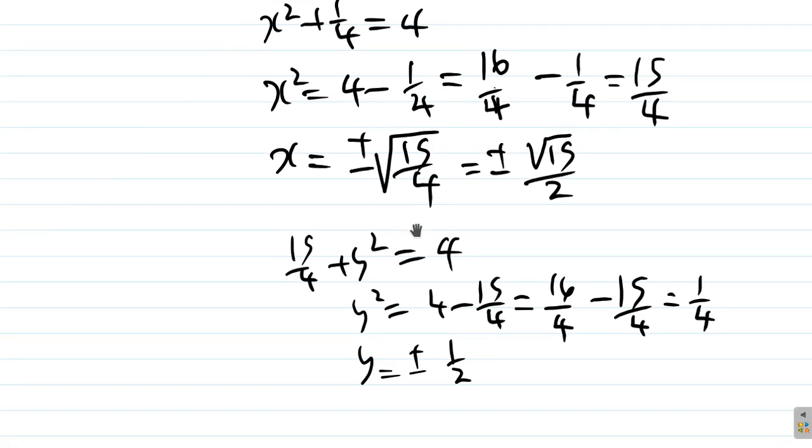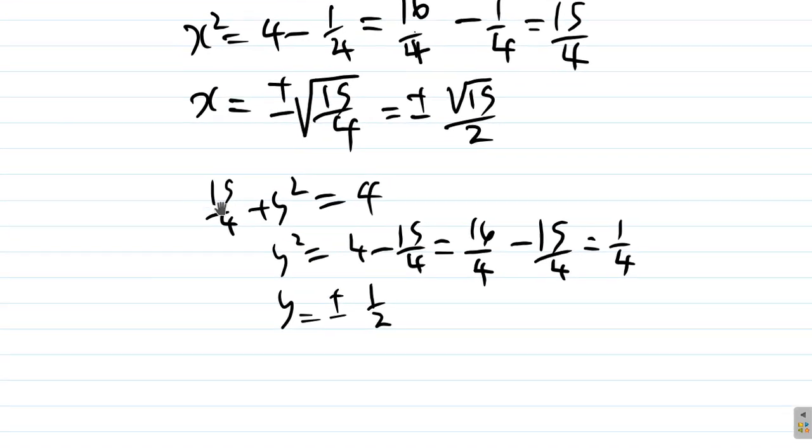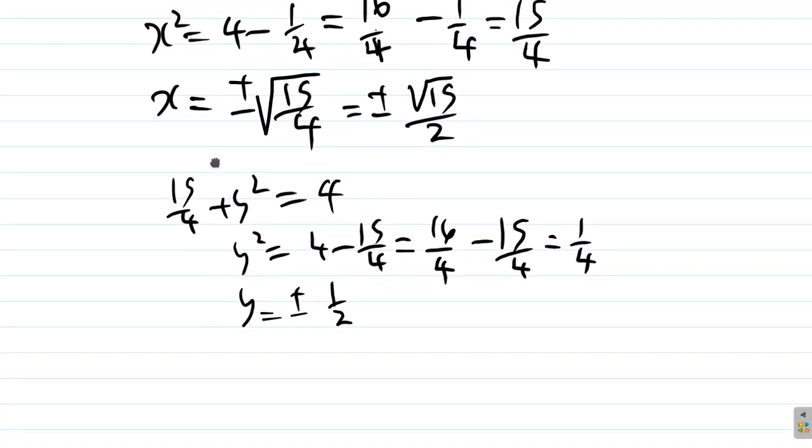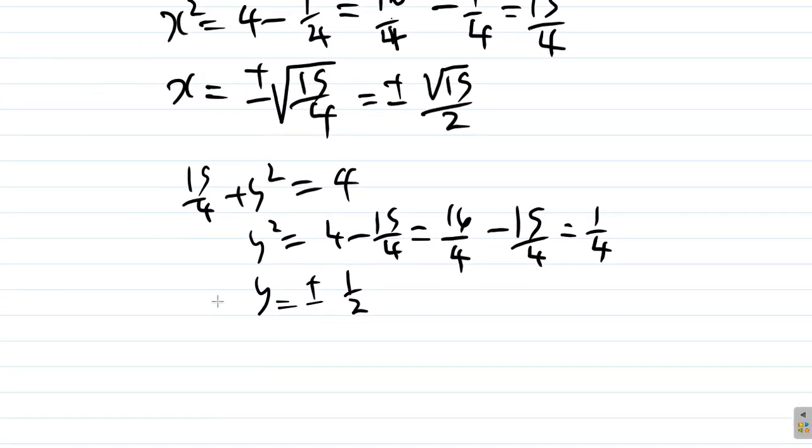Now, here, let's find the coordinates then. When x is equal to positive square root of 15 over 2, we're going to find out what happened with y.